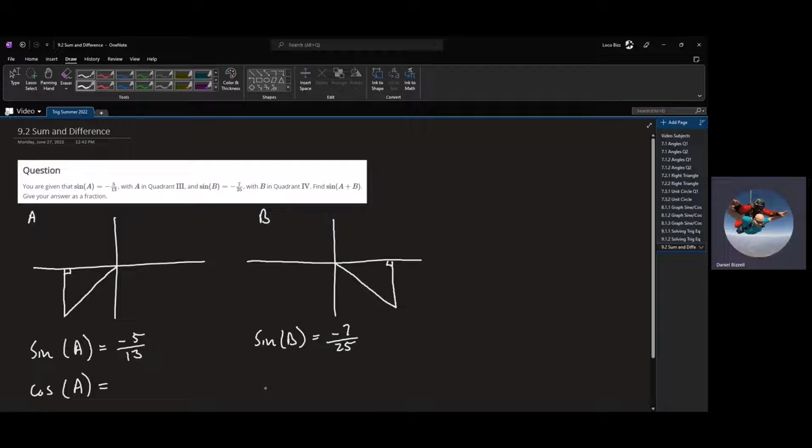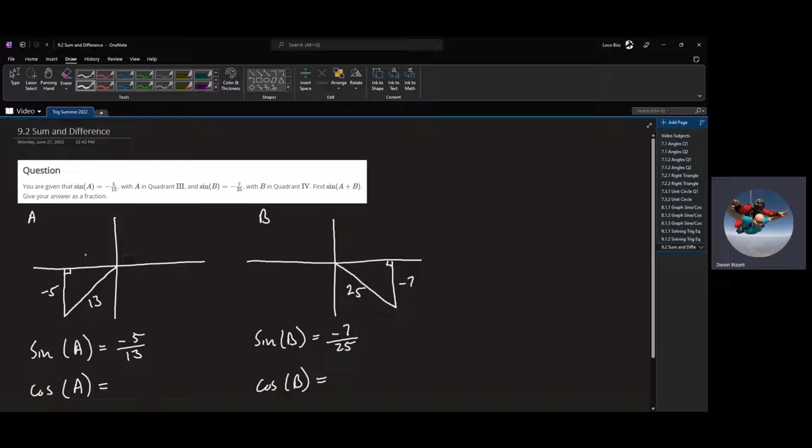And then we'll need to figure out what cosine of B is equal to. All right, so we know the opposite side is -5. The hypotenuse is 13. And then over here, we know our opposite side's -7, and the hypotenuse is 25.